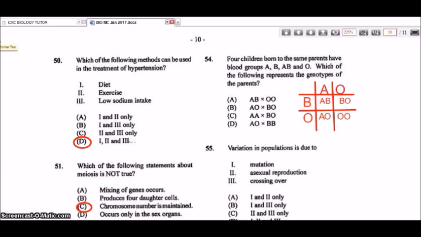So in order for the children to have each of those blood groups, the parents would have to be AO and BO. So you see how we produce those 4 different genotypes and the 4 different phenotypes. So AB is blood type AB, BO is blood type B, AO blood type A, and then OO blood type O. So the correct answer is B.